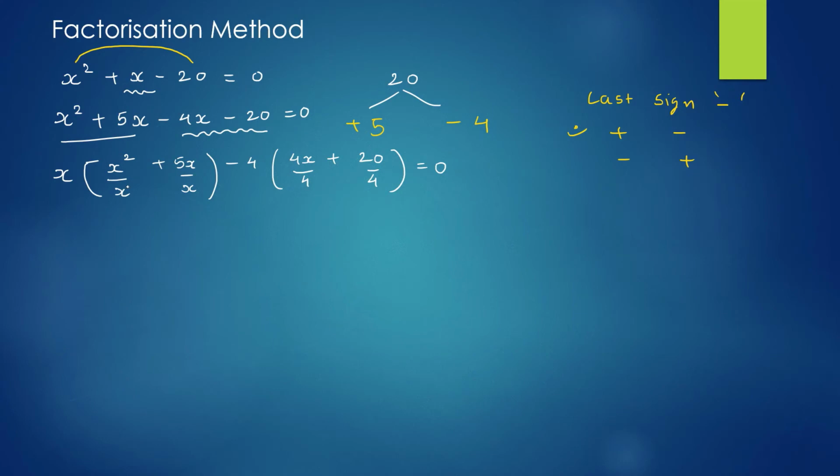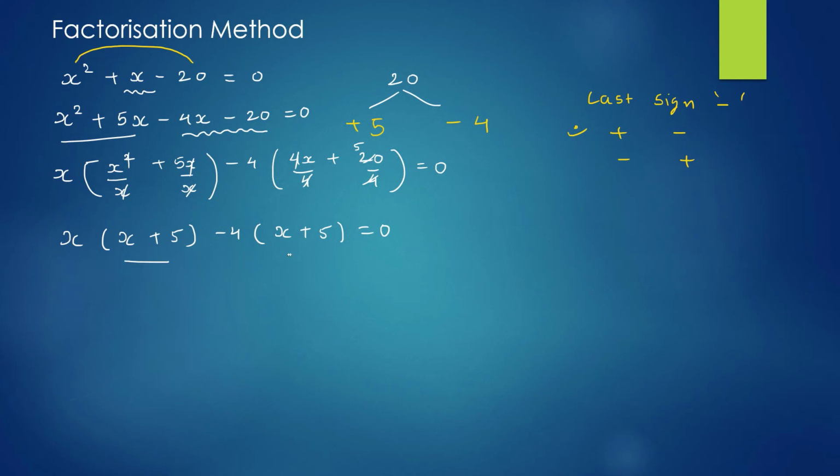Now if you cut x square with the x and x with the x, so what will remain? x bracket x plus 5 minus 4 as it is. 4 and 4 will get cut, and 4 fives are 20. It will remain x plus 5 is equal to 0. See, both the brackets are same.